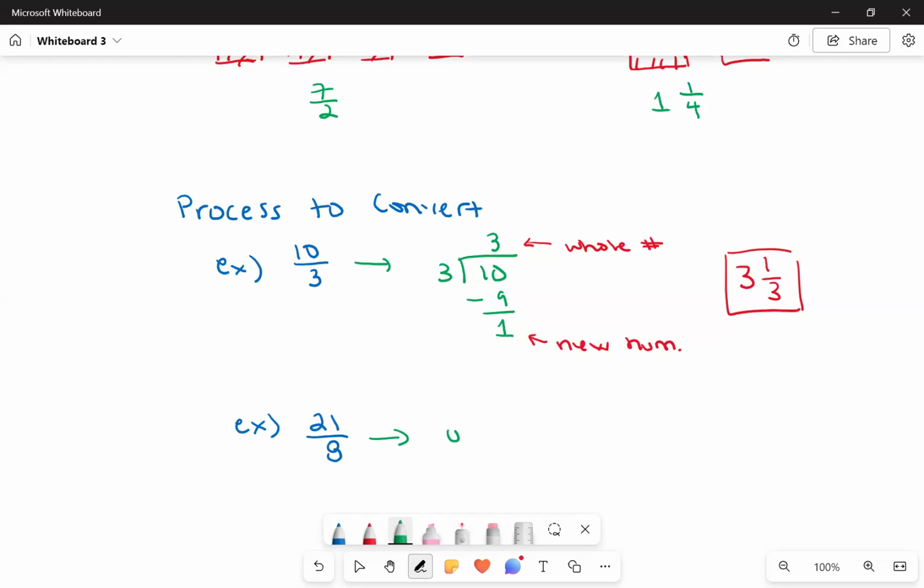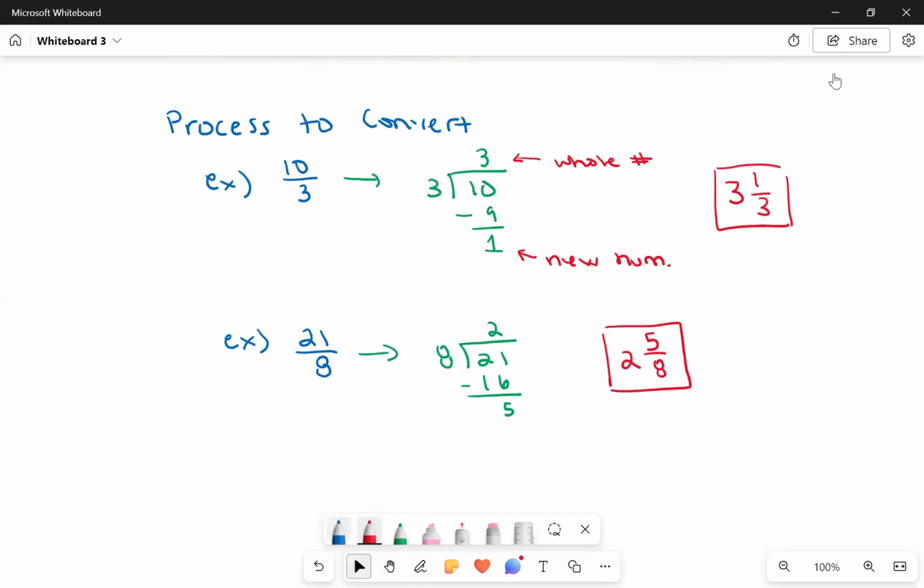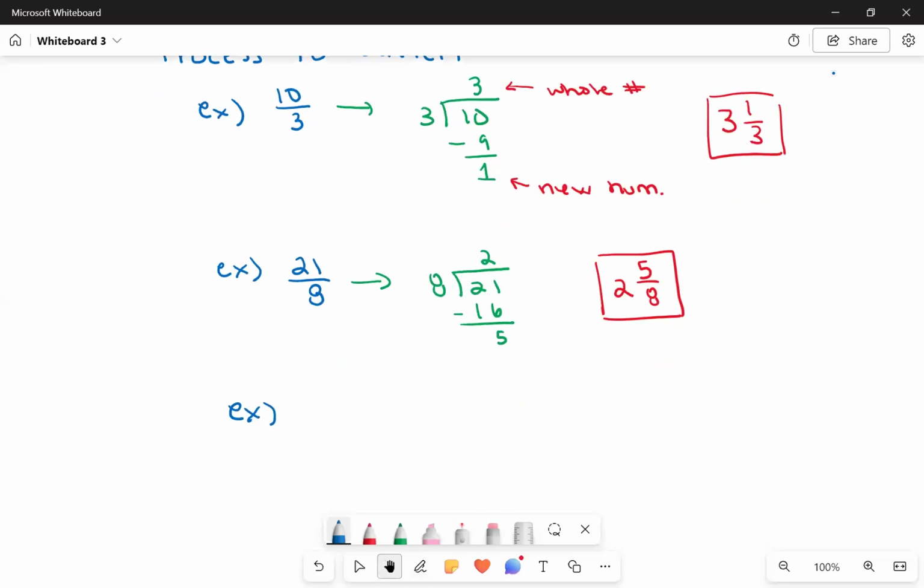All right, so 8 goes into 21 2 times, which is 16, and I'll get 5. So the whole number is 2. 5 is the new numerator. 8 is still the denominator. So 2 5/8.